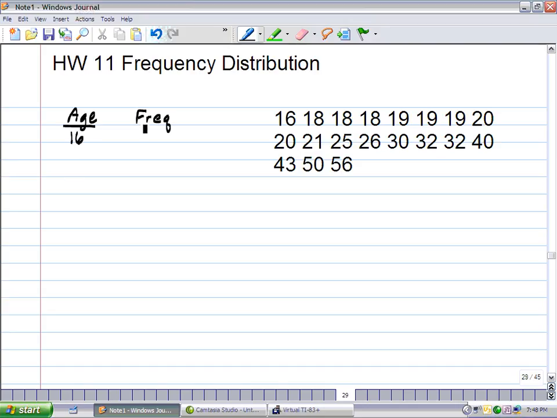When I have such a table, I don't want to skip anything. So I would start with 16.